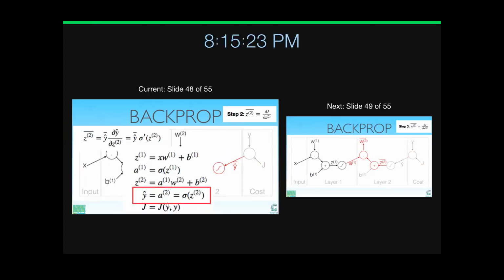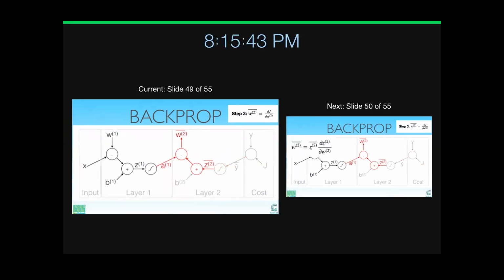And now I use this to plug it in this formula. The only thing I need to calculate is the derivative of this term, which is the derivative of the sigmoid function with respect to its own argument. Okay, and I multiply the two. Then this becomes a number. I will never have to recalculate it. Because the next step, which is what I was interested in, is W2 overline.